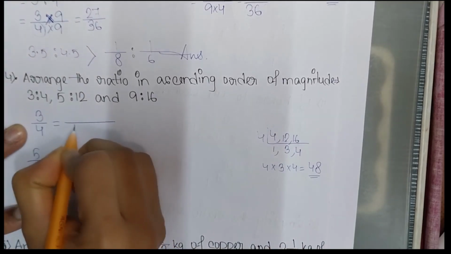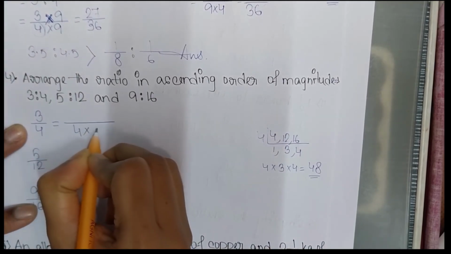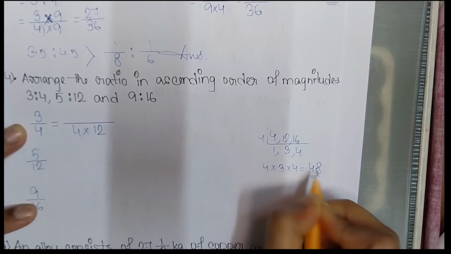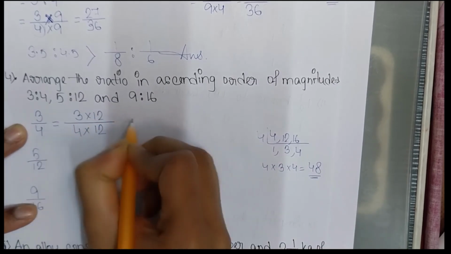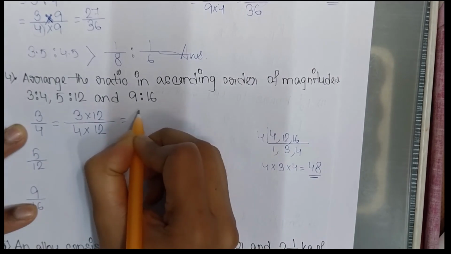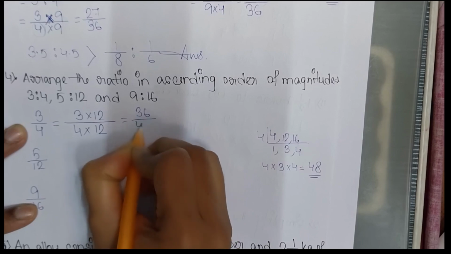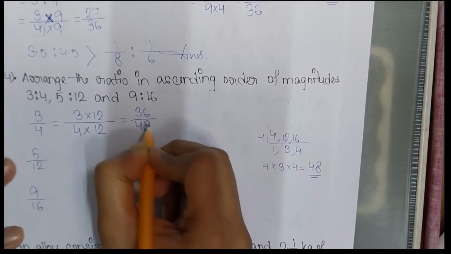So 4 into, here we will multiply by 12 to get 48, as well as 3 into 12, that is 36 by 48.